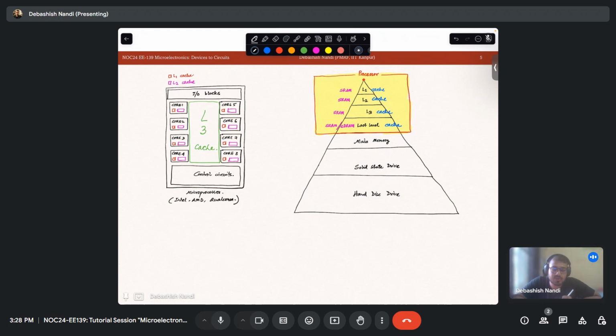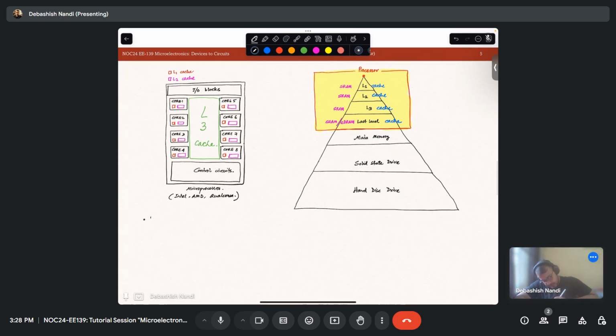So from this understanding, can you just think for a second: L1, L2, L3 are all made of SRAMs. Okay, that means made of some MOSFET blocks.